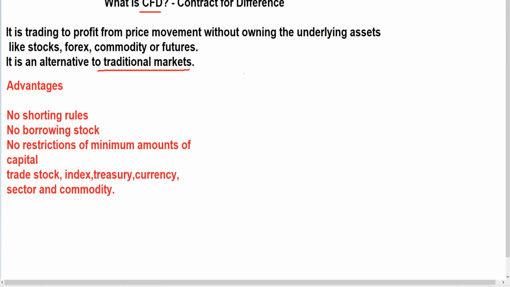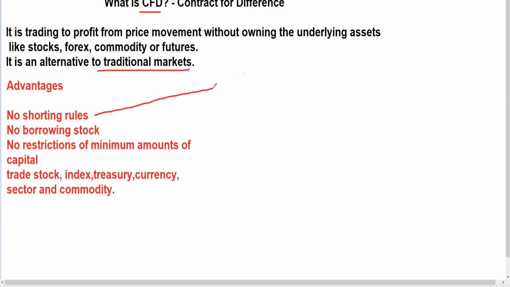Advantages of CFD: no shorting rules. This is the first one. So what do I mean by that?